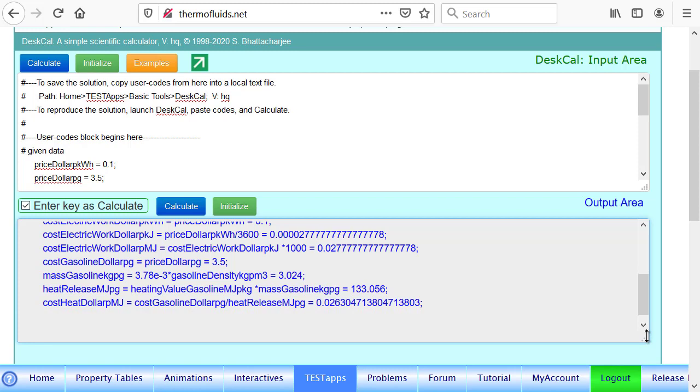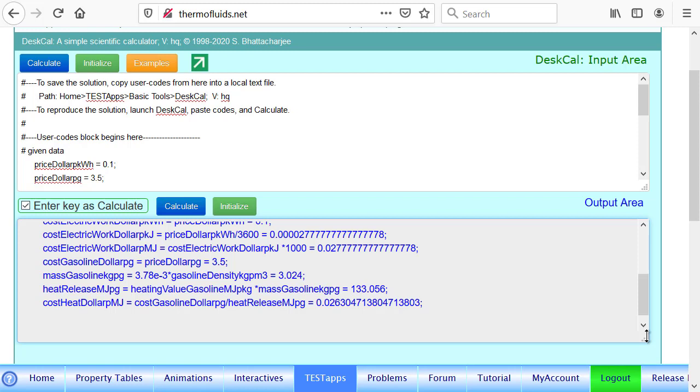You know that heat should be way cheaper than electricity, because when you convert heat to electricity, only a certain percent of heat can be converted to electricity. Typically, even in the best of power plants, it's about 40%. So you expect the cost of heat to be at least 40% cheaper than work.